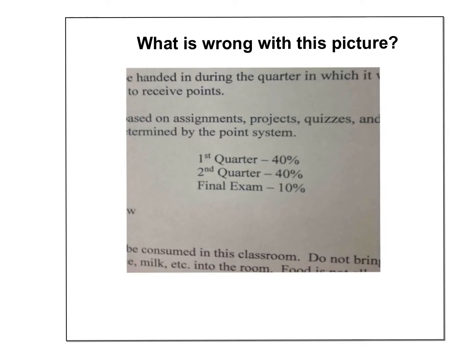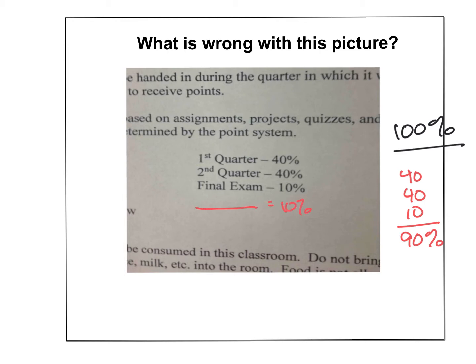How about this picture? What's wrong with this picture? Kind of the same thing. If we're going to grade you, we want to give you 100% of the grade. Here we've got 40%, another 40%, and a 10%, which I believe adds up to 90. So we're still missing 10% of your grade.